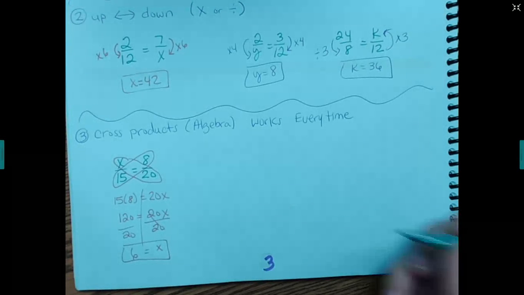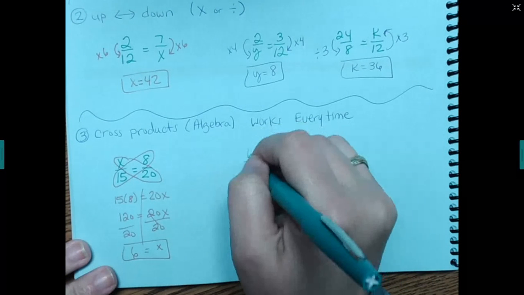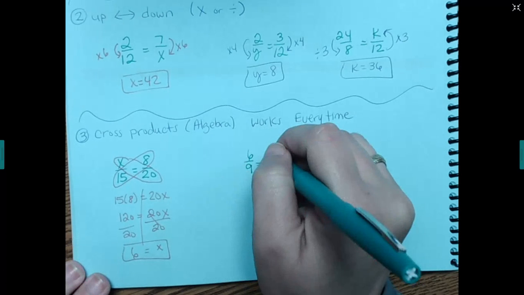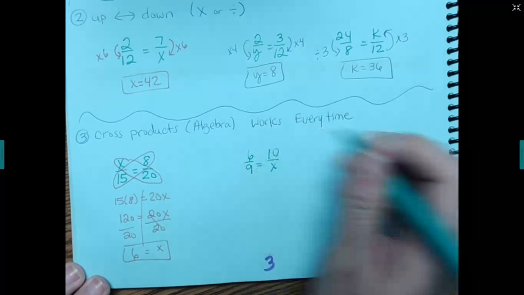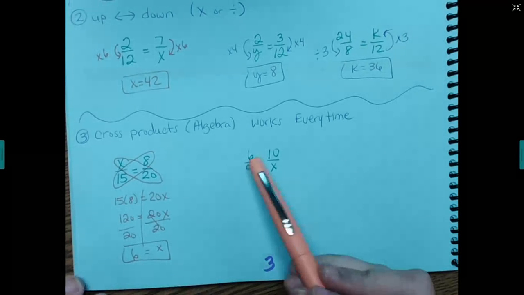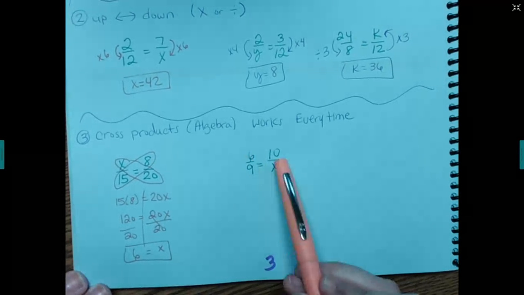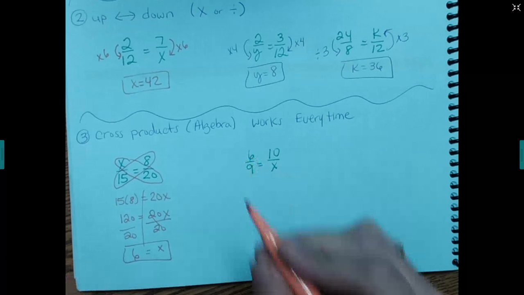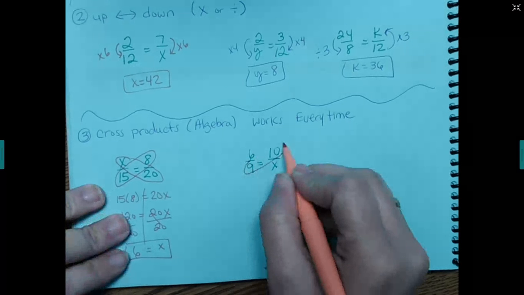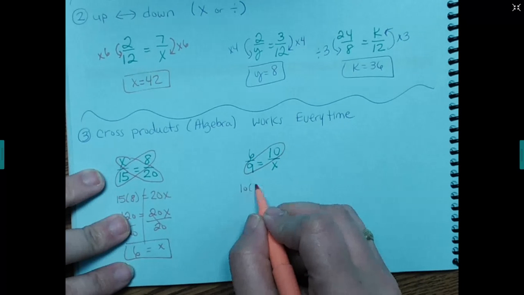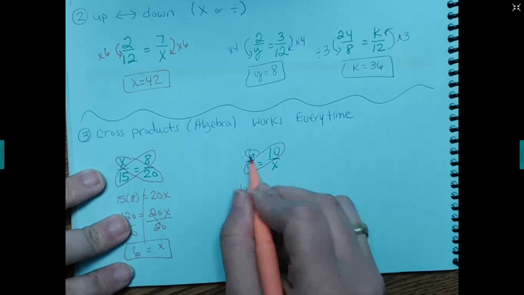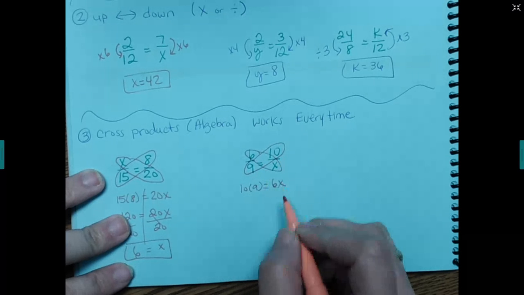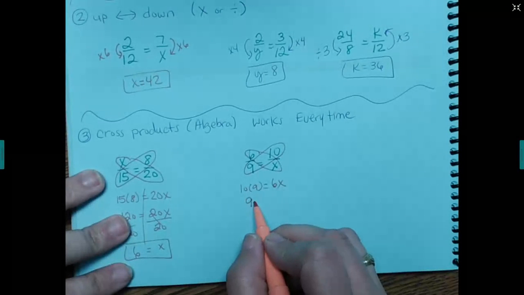Next one. 6 over 9 equals 10 over x. Okay. I look for a shortcut. Can't get from 6 to 9. Can't get from 6 to 10. So I'm just going to multiply. 10 times 9 equals 6 times x. I know that 10 times 9 is 90.